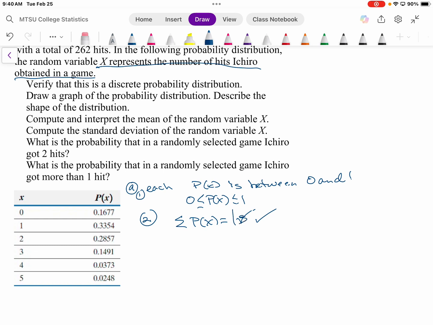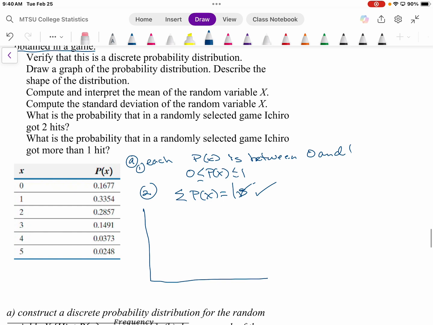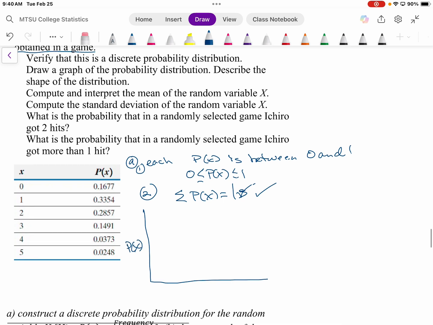So now they asked us to draw it. I figure you can draw a picture. All right. Again, we have the number of hits, we have P of X over here, and the number of hits per game. And again, we have 0, 1, 2, 3, 4, 5. All right. And then we would draw some little picture there.